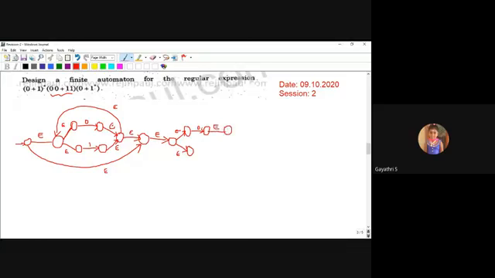So 0, epsilon, then 0. Here 1, epsilon, next 1. Then again joined with an epsilon. Okay, so this is the form of 00+11.